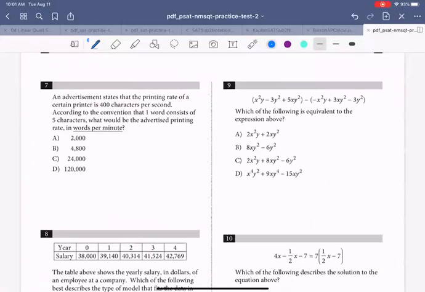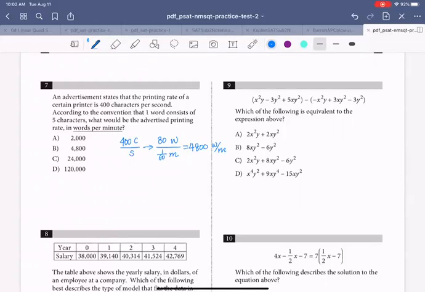Now let's do this one. Per second. It's B?